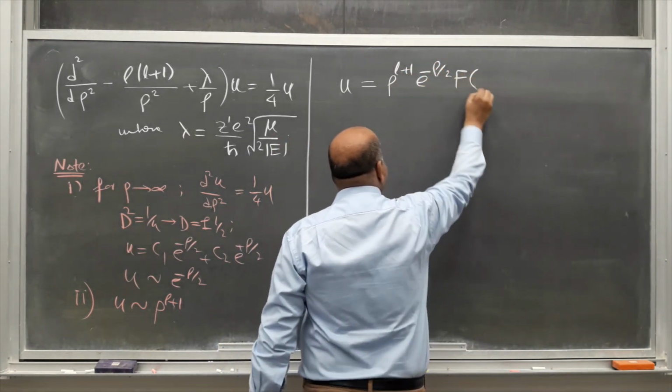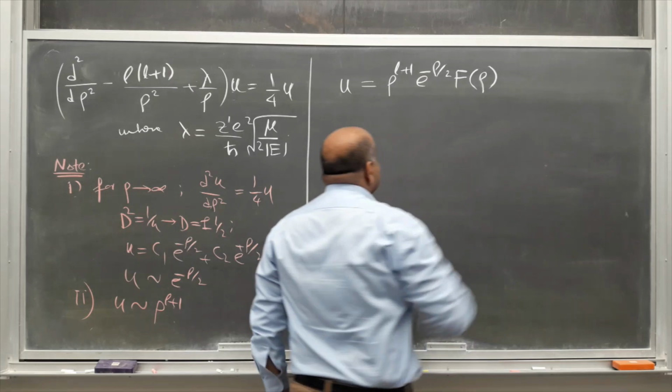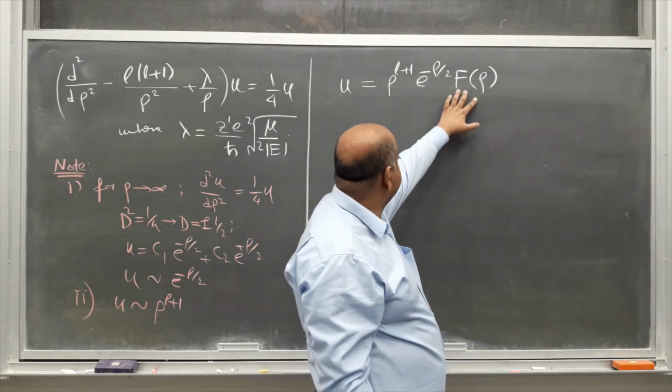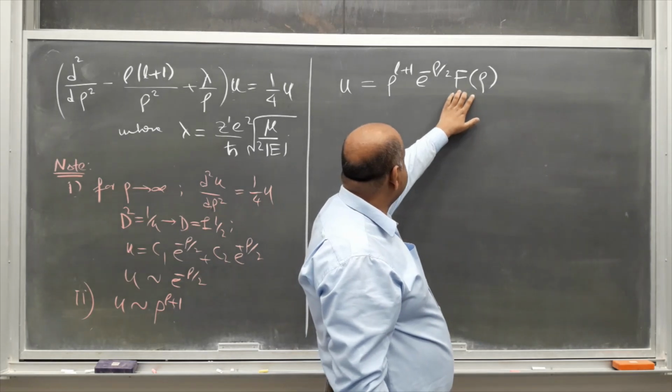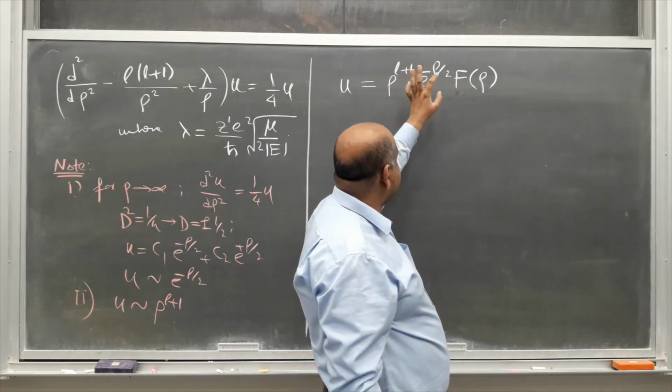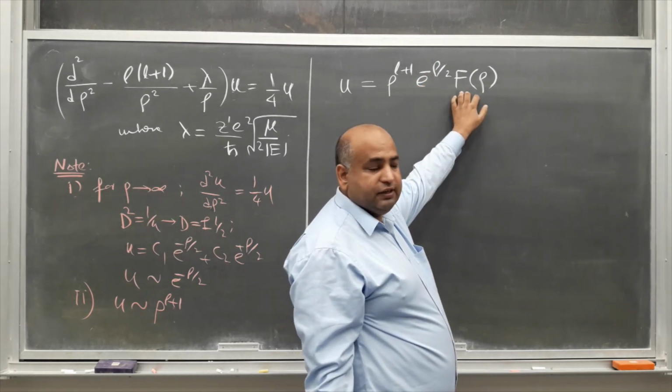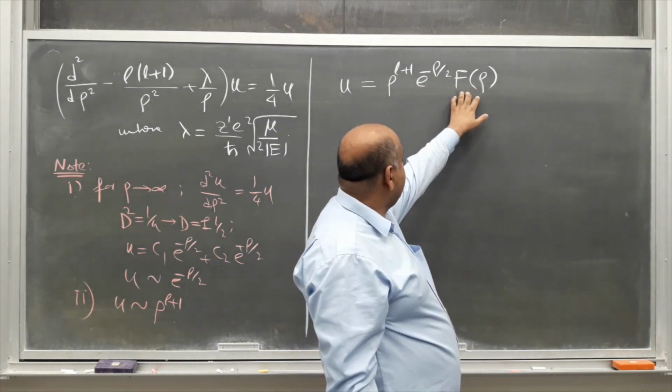So with these two observations, we can guess that our solution is probably of this form, where this f of rho is still an arbitrary function. So we have to determine it, and even if our guess is not exactly right, that thing can be absorbed into this function f of rho.